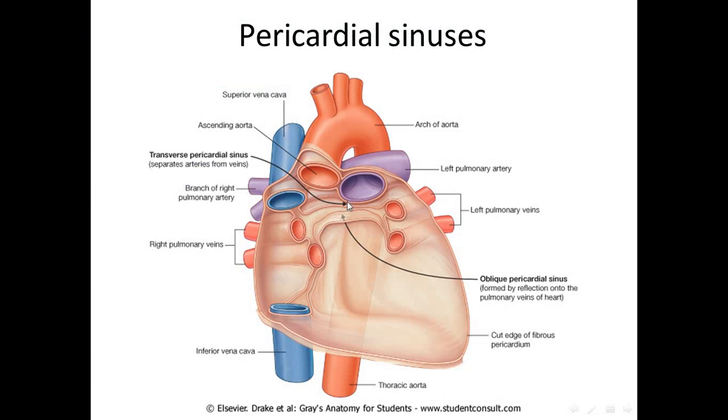Let's see this. So this is the oblique pericardial sinus. This is the superior vena cava, inferior vena cava, and the four pulmonary veins. So the reflection of the pericardium along these veins is forming what is called the oblique pericardial sinus.